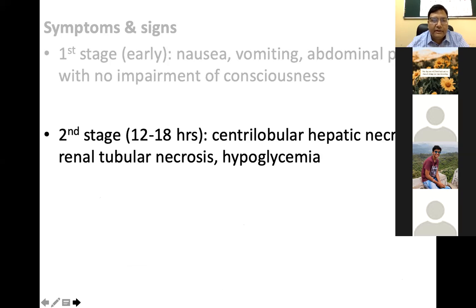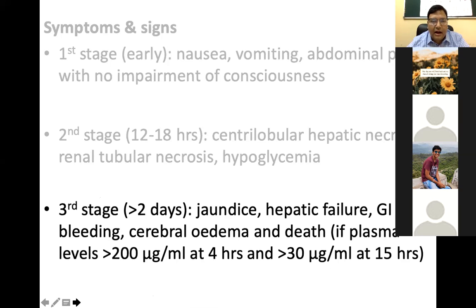After 12 to 18 hours, which will be the second phase, the patient presents with centrilobular hepatic necrosis, there is renal tubular necrosis, there is hypoglycemia, and after 2 days, that is the third stage, the patient presents with jaundice, hepatic failure, GI bleeding, cerebral edema, and death occurs if the plasma level is more than 200 microgram per ml at 4 hours, or more than 30 microgram per ml at 15 hours.